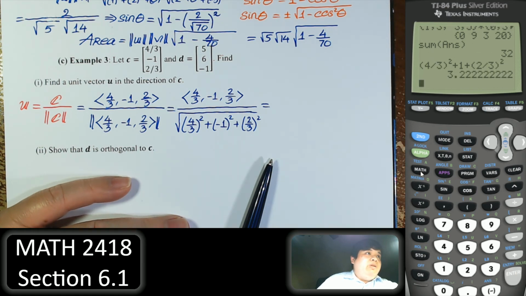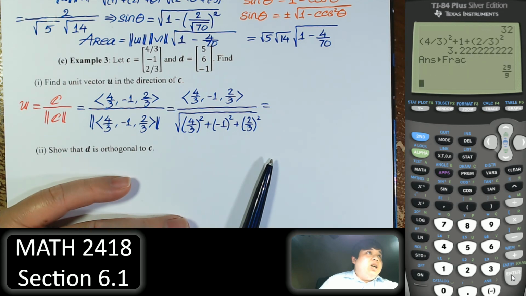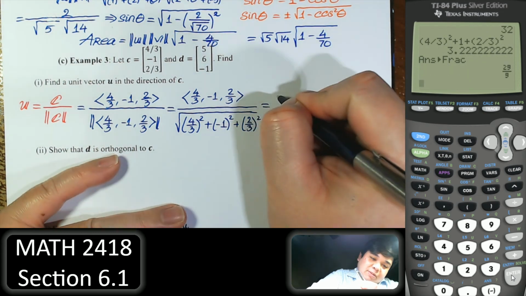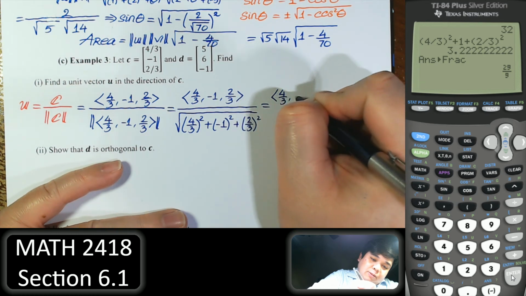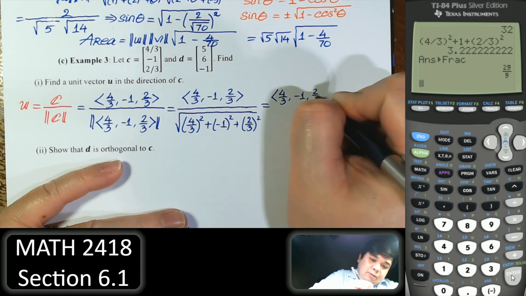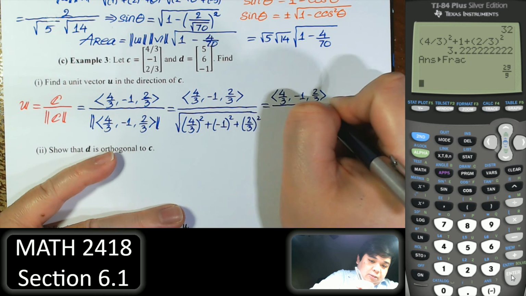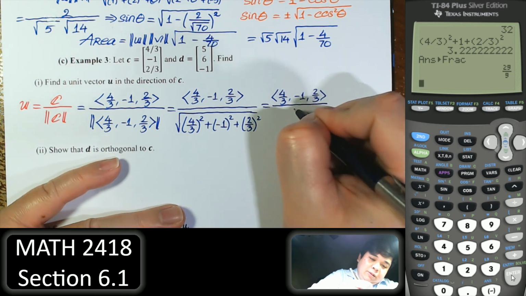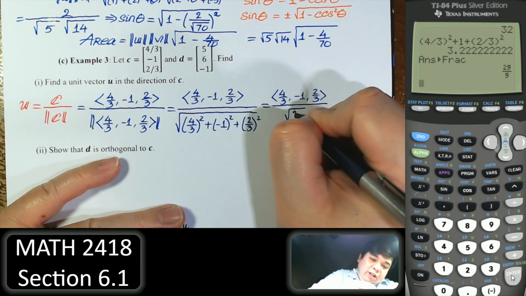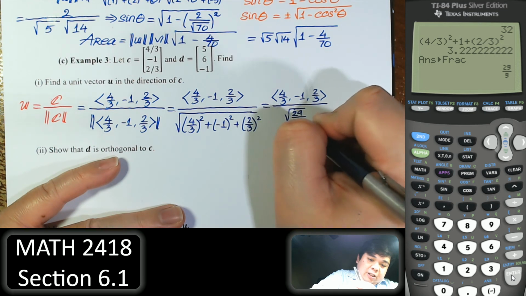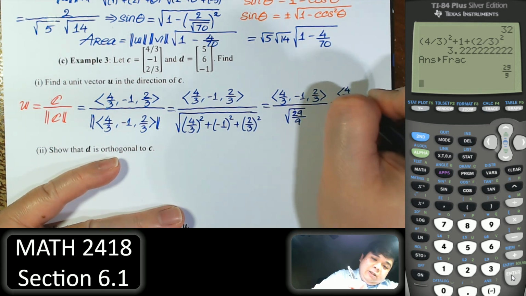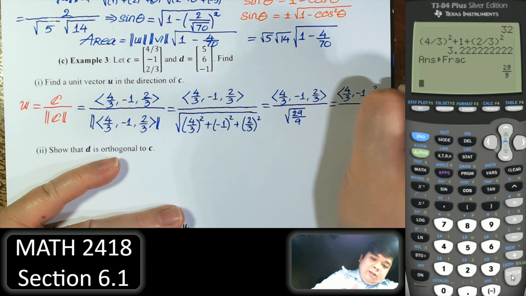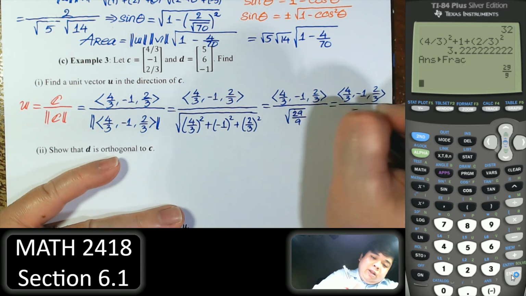So this will be the fraction 29/9. And the square root of 29/9 is square root of 29 over 3.